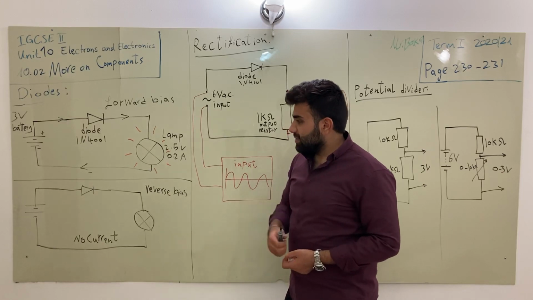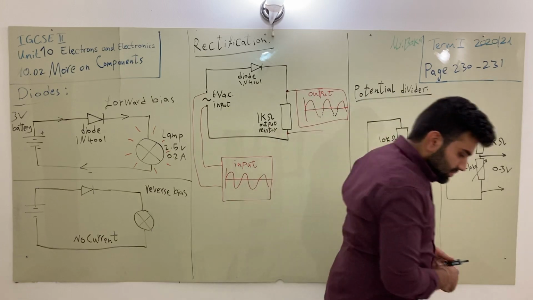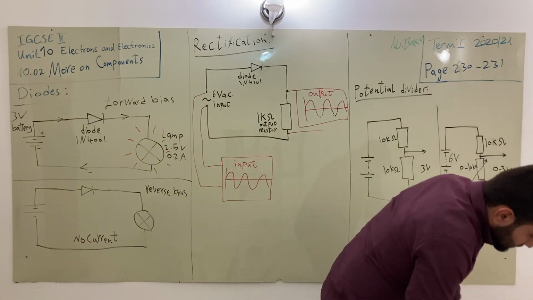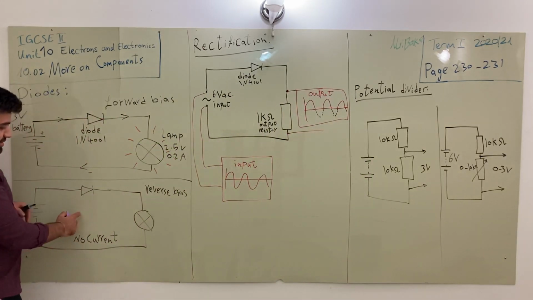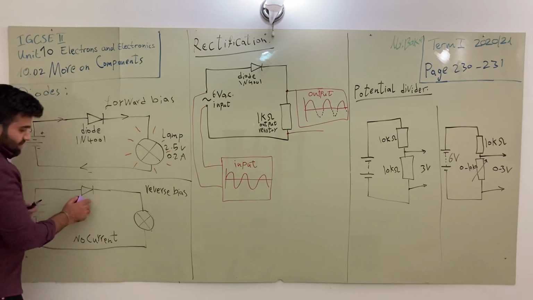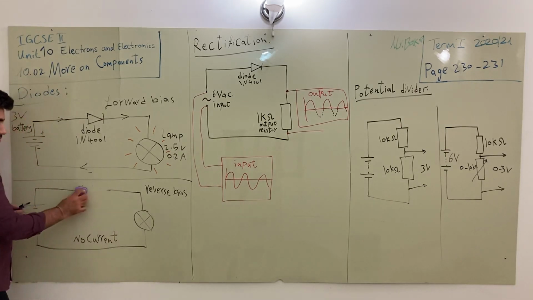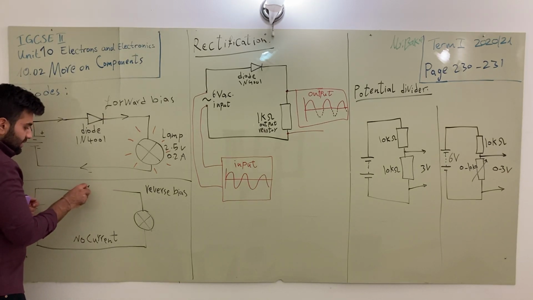Now the reverse bias for the diode. For example, this circuit is like the previous one, but this time the diode is here. This will turn off. But this time we'll put the diode in the other direction.